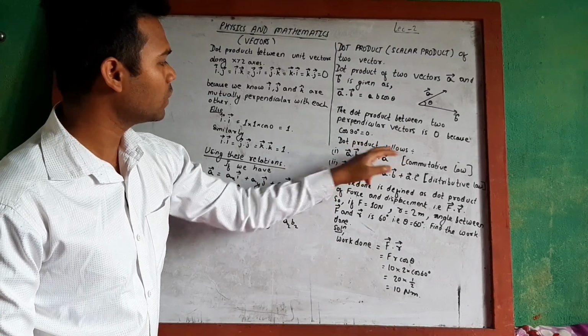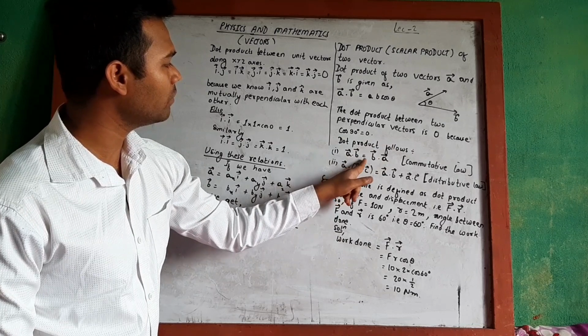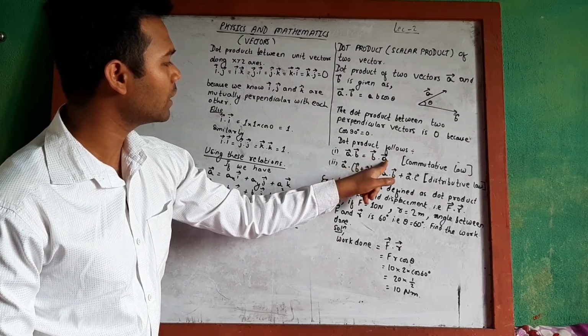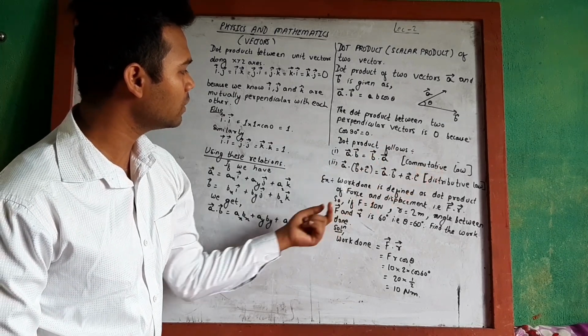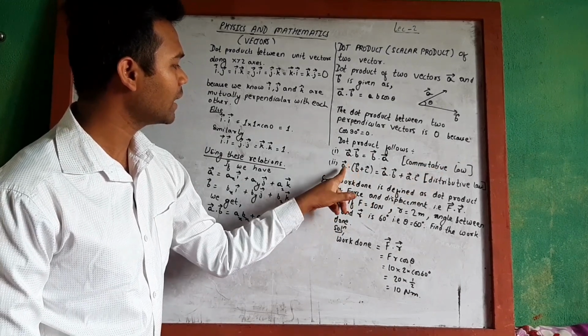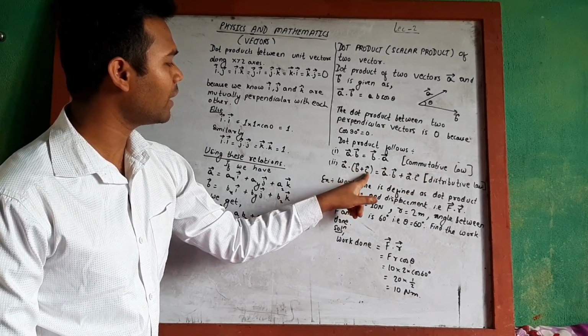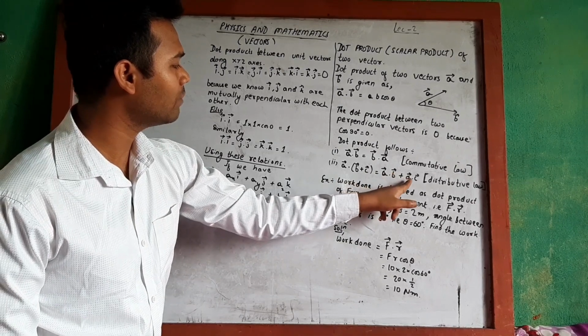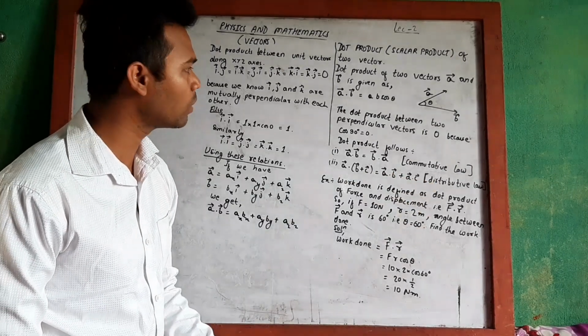Here the dot product follows a vector dot b vector is equal to b vector dot a vector. This is the commutative law. Second, a vector dot (b vector plus c vector) is equal to a vector dot b vector plus a vector dot c vector. This is the distributive law.